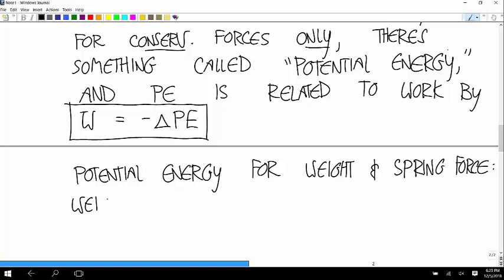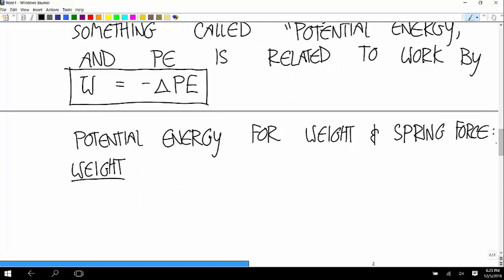First, for the weight, the gravitational potential energy is equal to the mass of the object times positive 9.81 times the height.